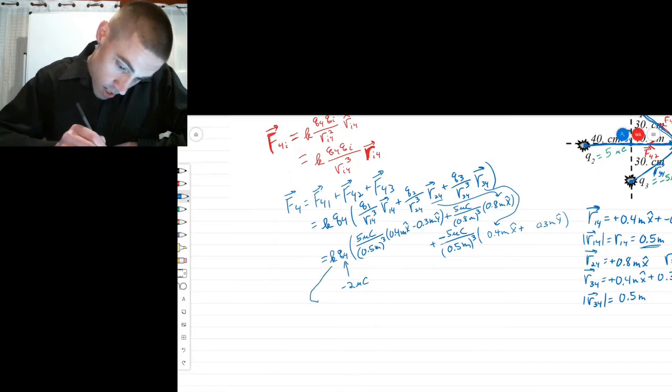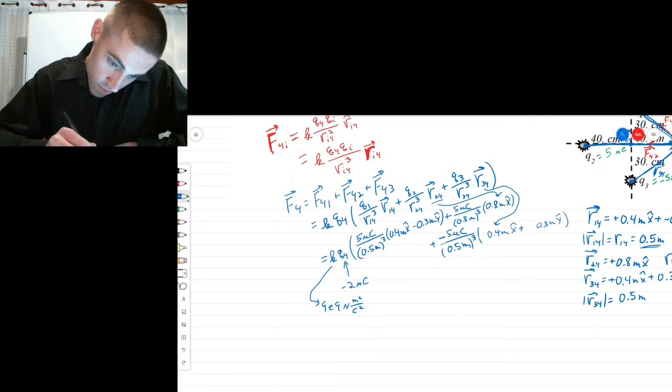And for K, well, K is 9 times 10 to the 9th Newton meters squared per coulomb squared, of course, but Q4 is going to be in microcoulombs, and there's this other 5 microcoulomb charge common to all of these terms here. So it would be nice to get this in units of microcoulombs. Of course, there's 10 to the 6 microcoulombs in 1 coulomb, right? So that means this factor is just 1 that I just drew down there.